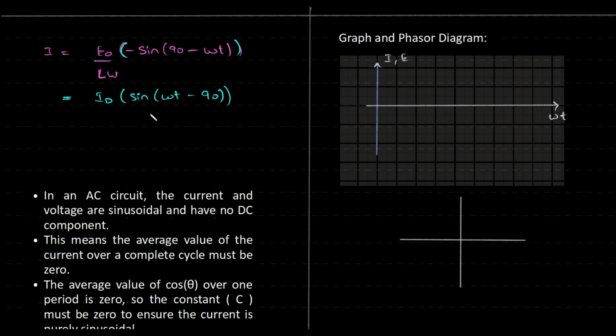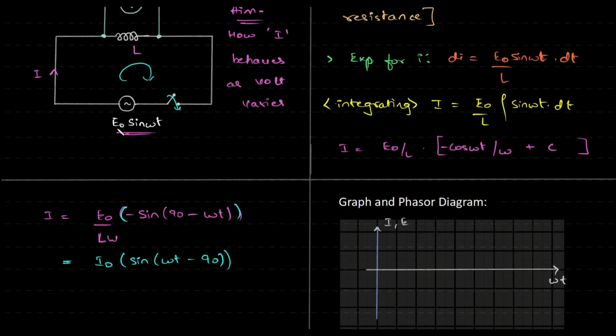Now, when I compare it with this, what can I conclude? So on comparing, E naught and I naught are constants, and sine omega t is a sine function. So sine and sine, we can compare this expression.